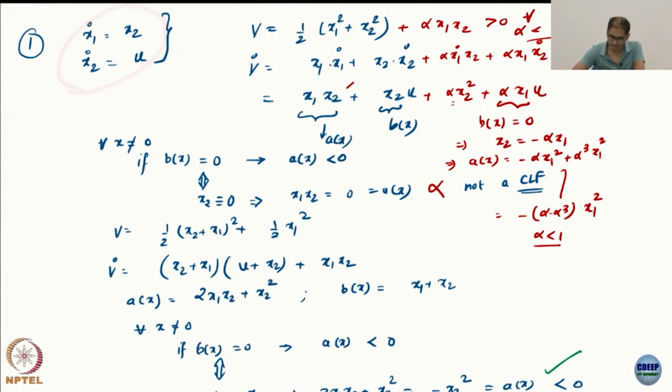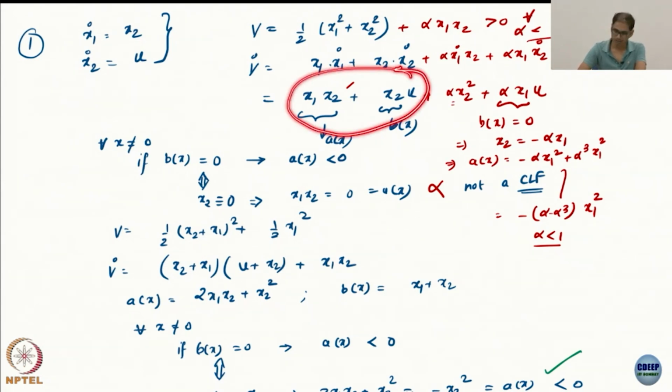So if you look at this system, and we try to construct a control Lyapunov function initially, if you remember. I am just trying to remind you what we did. The stuff in the blue was what we wrote initially and wanted to check as a CLF, and we took a derivative and ended up with this much.